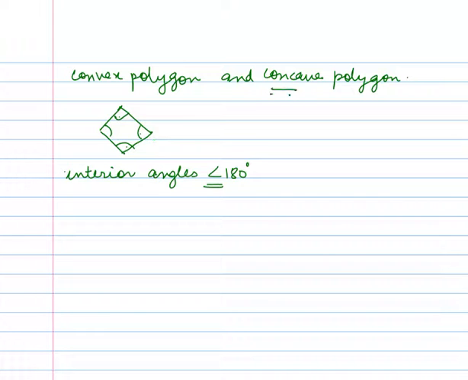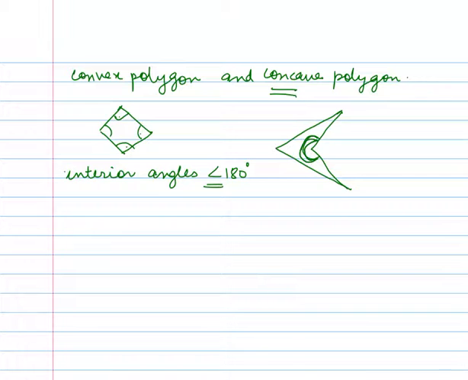What is a concave polygon? See, now it goes like this. Now this is one of the angles of the concave polygon. This angle is greater than 180 degrees.